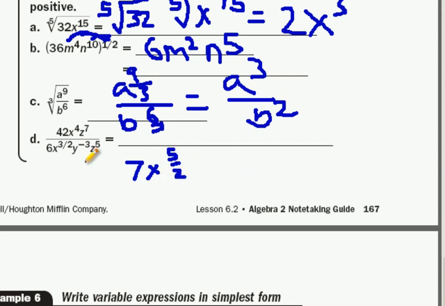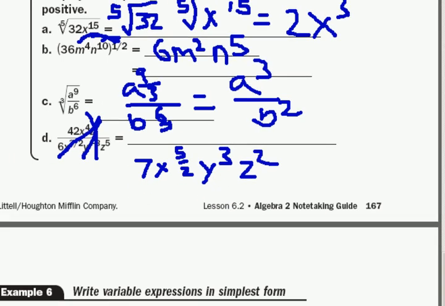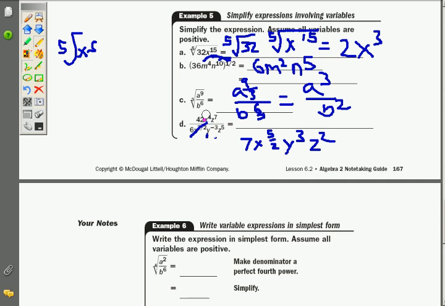And y to the negative third, well, that's going to put the y to the top and make it y to the positive third. And z to the 7th over z to the 5th, 7 minus 5 is z to the 2. And so I know it looks tough, but if I broke it into all those pieces, each individual part, it might be a little bit better. I know that was kind of ugly what I just did there, but maybe you get the right idea.